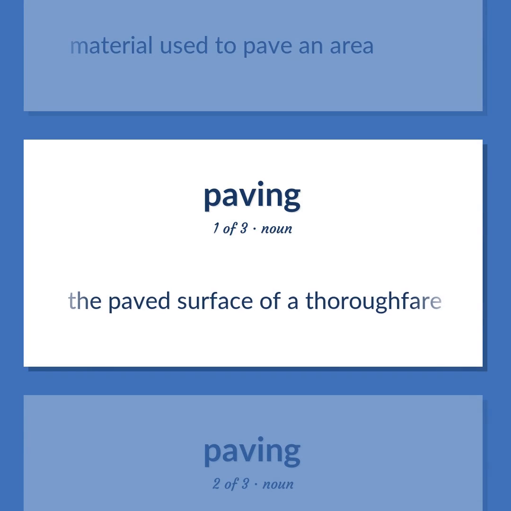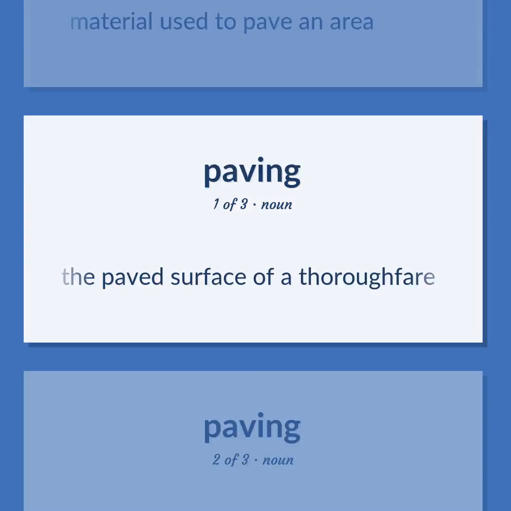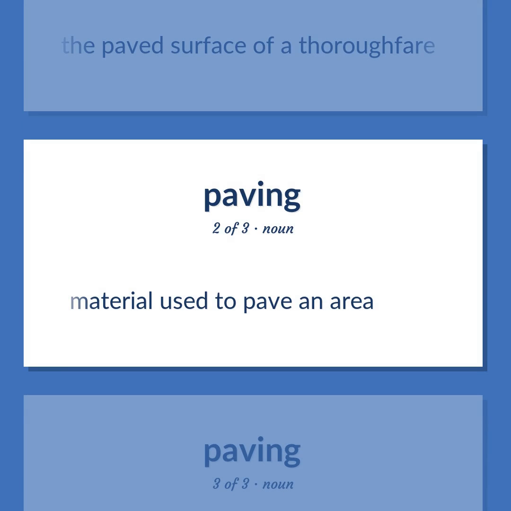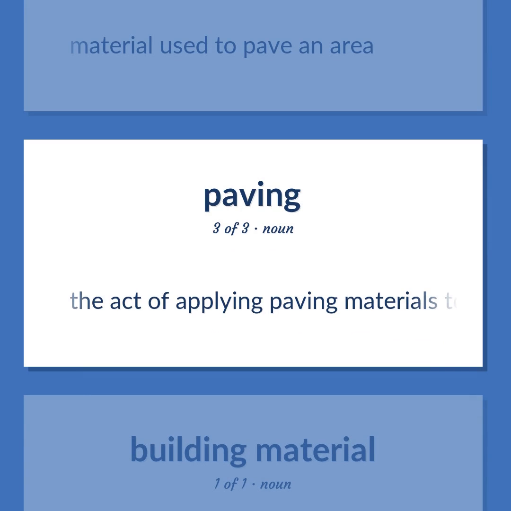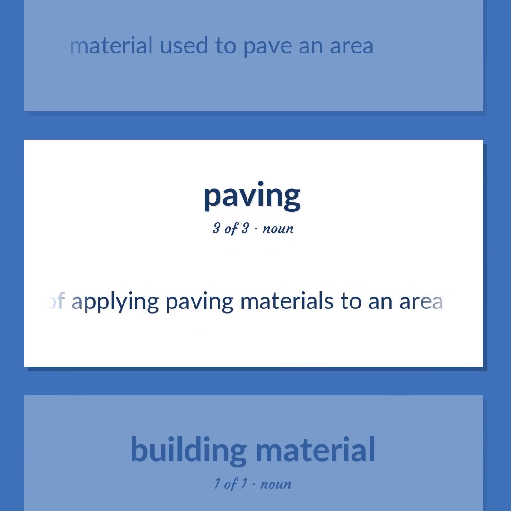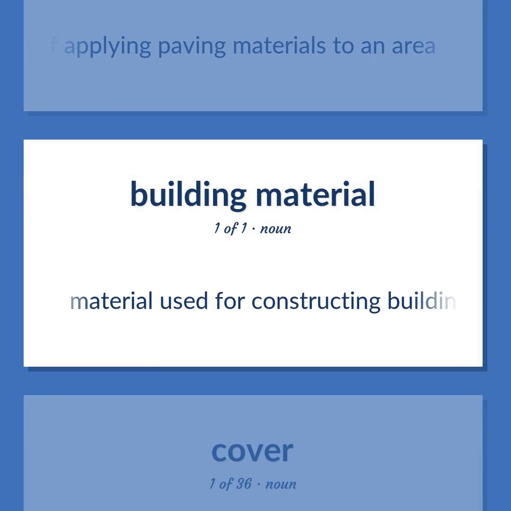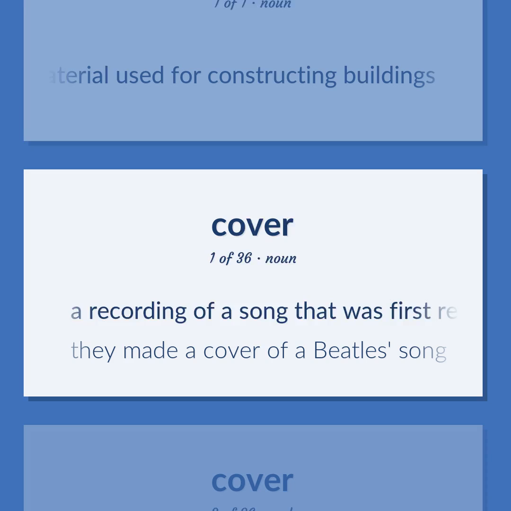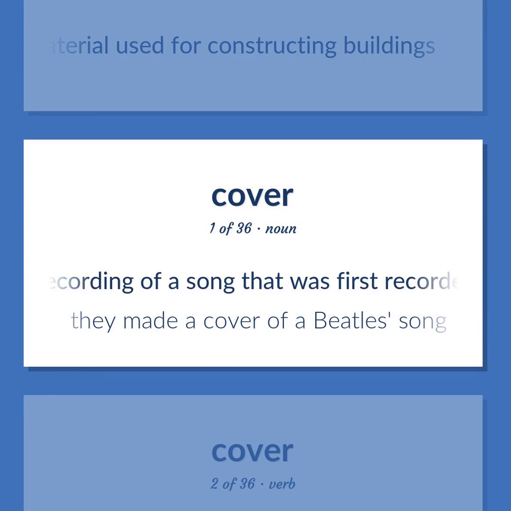The act of applying paving materials to an area. Material used for constructing buildings. Cover: a recording of a song that was first recorded or made popular by somebody else. They made a cover of a Beatles song.